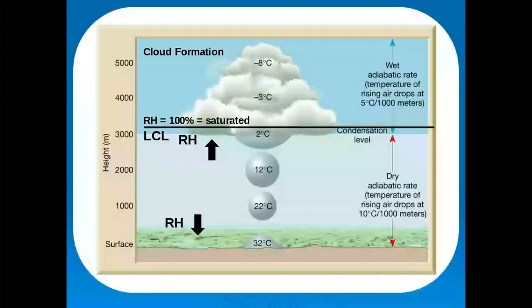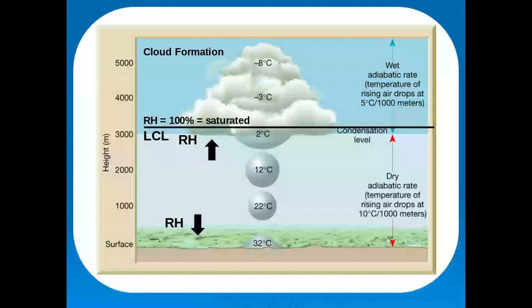This next slide now shows how the Earth's atmosphere can form a cloud. And this is a very important slide because this slide packs a lot of information with respect to cloud formation. So I'm going to try and go through this slide, and we're going to bring into this slide everything we've learned about humidity, relative humidity, dew point, and I'm going to introduce to you some other terms.